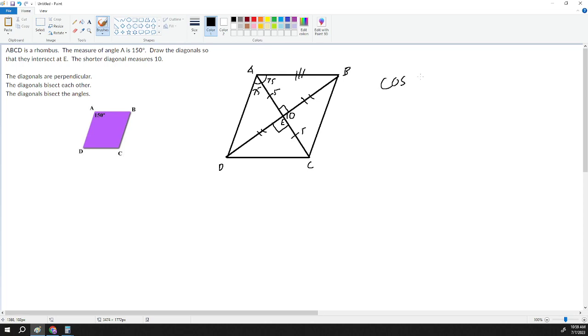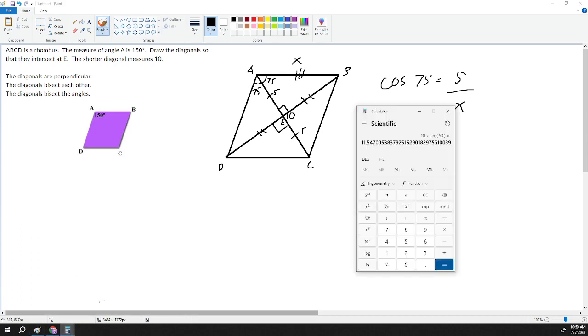So cosine of 75 is equal to 5 over x, given showing x. I isolate x by multiplying both sides by x, and dividing both sides by cosine 75. 5 divided by cosine of 75.